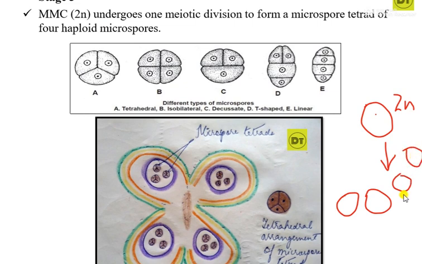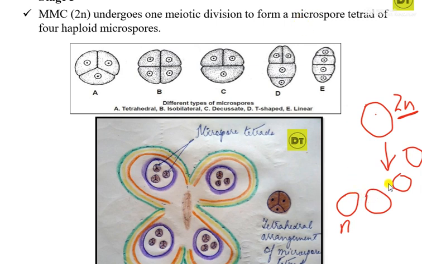So these are the 4 daughter cells we got from the parent cell. The parent cell had a chromosome number 2n. It was diploid. So what will be the chromosome number of these daughter cells? It will be haploid, n, in all the cases. So when the MMC undergoes one meiotic division, it will form 4 structures. These structures are known as microspores.